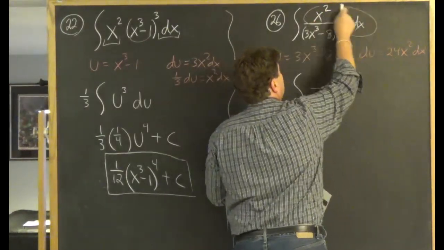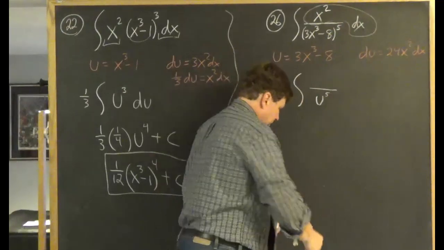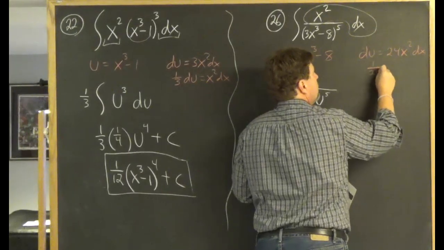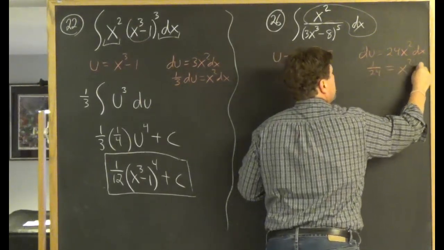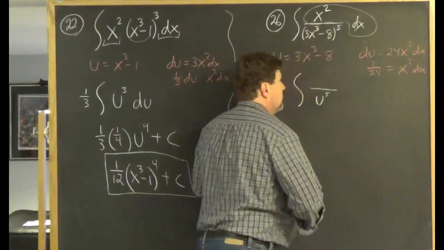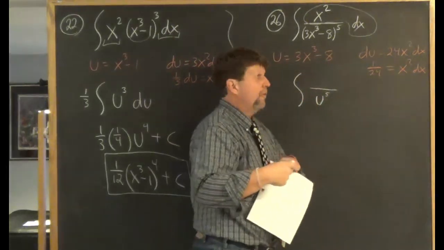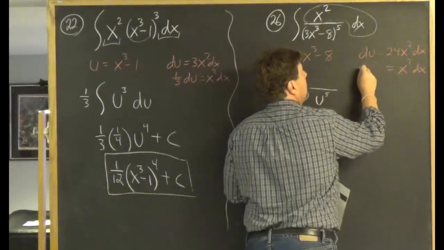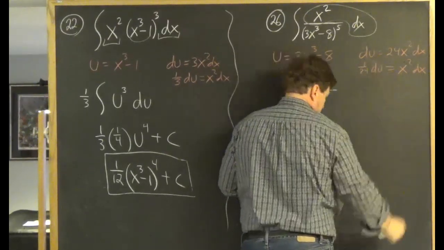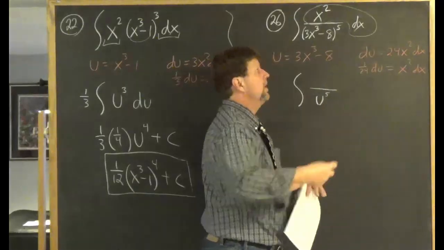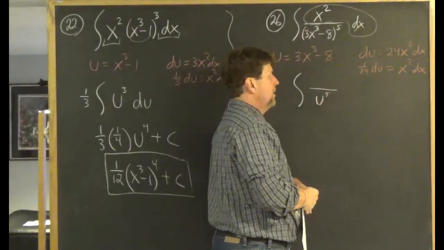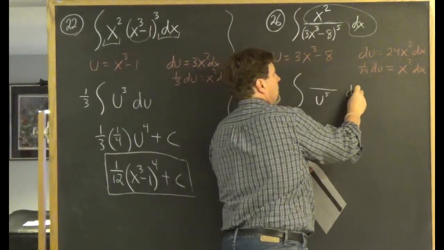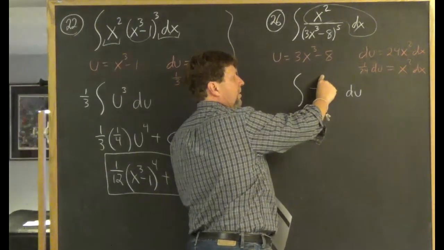is x squared dx. So looking at my du statement, it looks like a 1/24 du is equal to an x squared dx. So I'm substituting 1/24, whoops, du. Sorry, I forgot my du there. I'm substituting a 1/24 du for the x squared dx. So as soon as I put in here 1/24 du, that 1/24, well, I'd rip it out front.